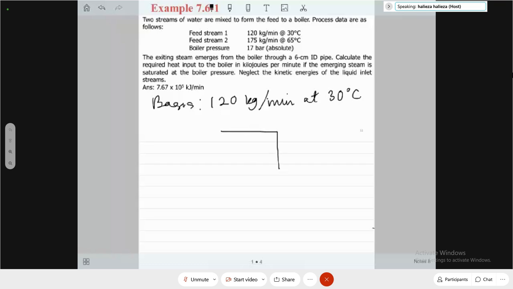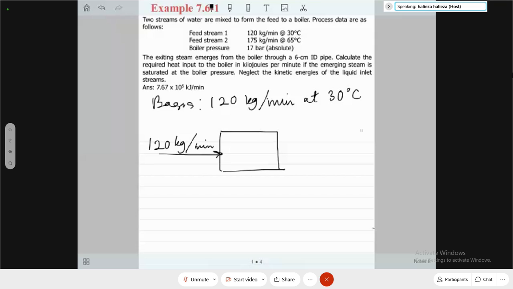You need to draw your block diagram. I have here the input stream, 120 kilogram per minute. It is specified that it's water, so let's put water there, but we will check whether it's liquid water or steam.